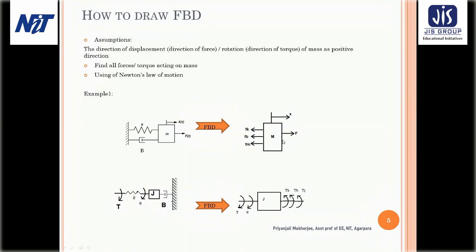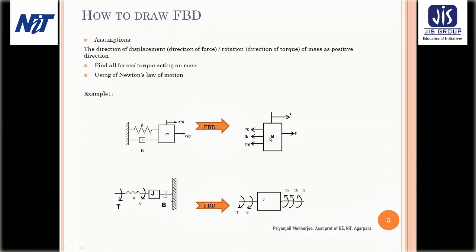Before drawing it, we have to consider one more point: the inertia force will always be opposite to the acceleration, and the acceleration and the displacement have the same direction. For the spring and the damper, if the spring is extended after application of the force, then the force is working outward of the body, and if it is compressed, then it will act towards the body.